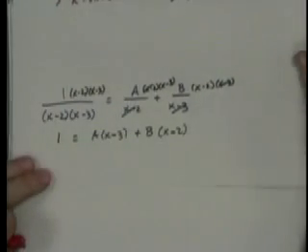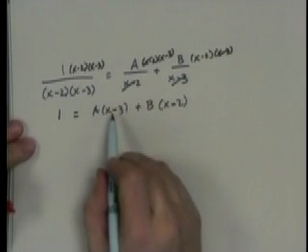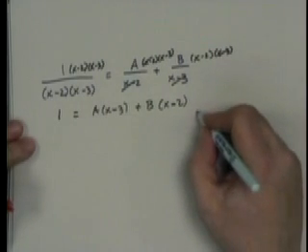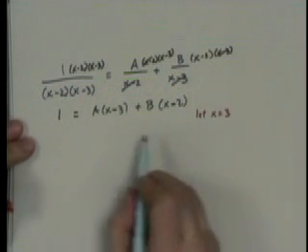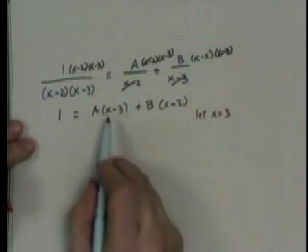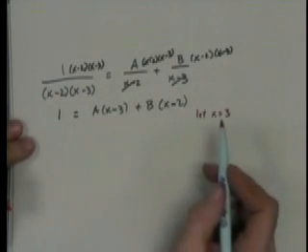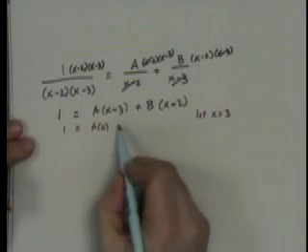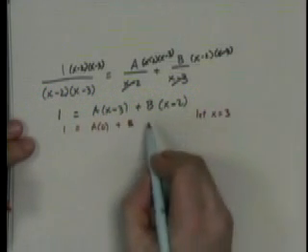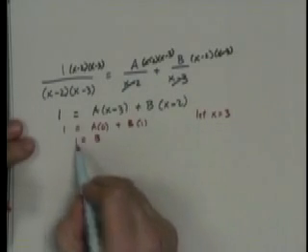So one way to figure out what a and b have to be is to just substitute in. Now you notice, if I let x equal 3, what's going to happen to this x minus 3 term? It's going to be 0. So I have 1 equals a times 0 plus b, and if x equals 3, I get b times 1. So b is just 1.